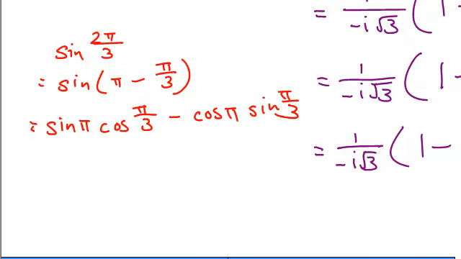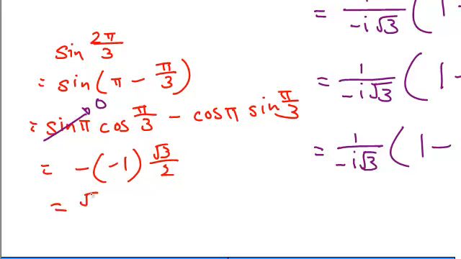But you know that sine pi is actually 0, so we will end up with minus cosine pi, which is negative 1, times sine pi over 3, which is root 3 over 2. That's how I find that sine 2 pi over 3 is root 3 over 2. Knowing this is important when you do trigo questions and you need to express your answer in the exact form.